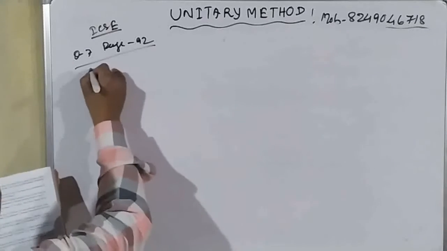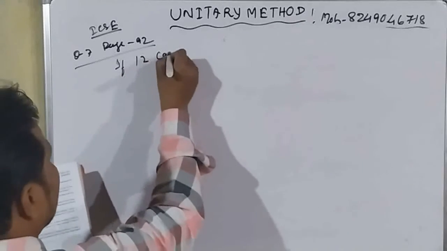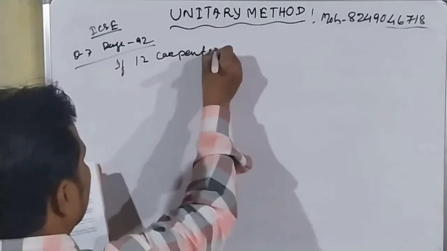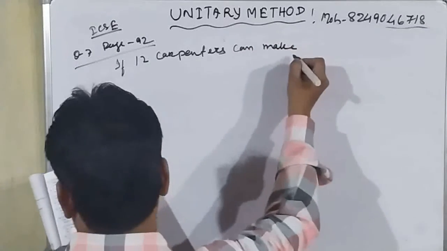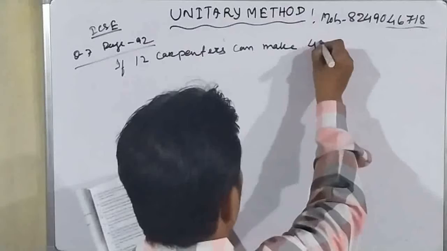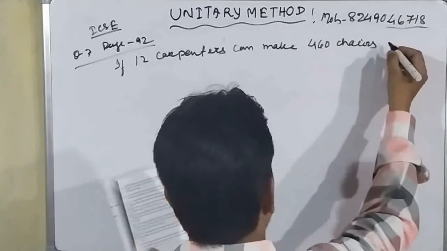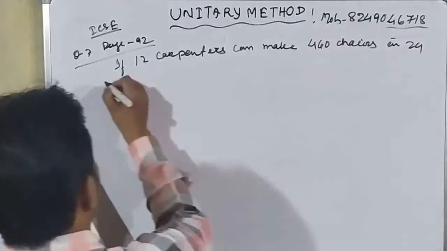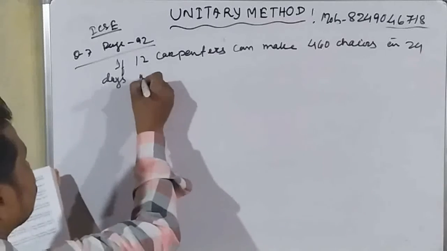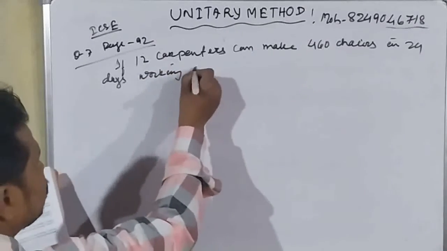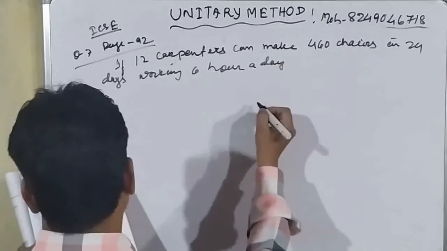Suppose if 12 carpenters can make 460 chairs in 24 days, working 6 hours a day. Okay, student.